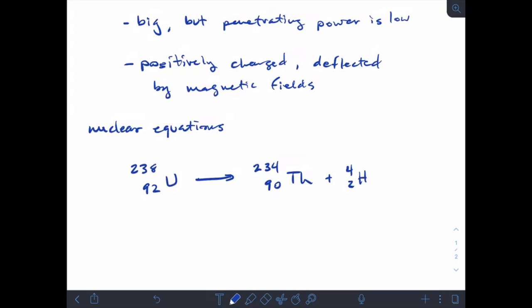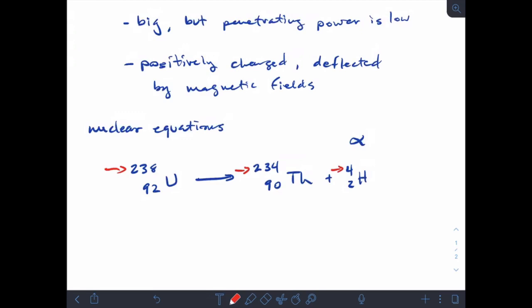We will sometimes just use the symbol alpha to symbolize the alpha particle. Things to pay attention to in this situation are the changes in the mass number. So 238 becomes 234 with the loss of 4 mass number from the helium.